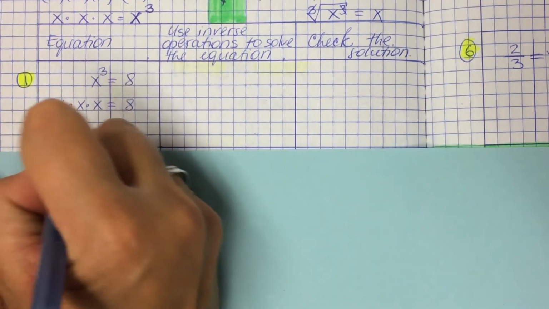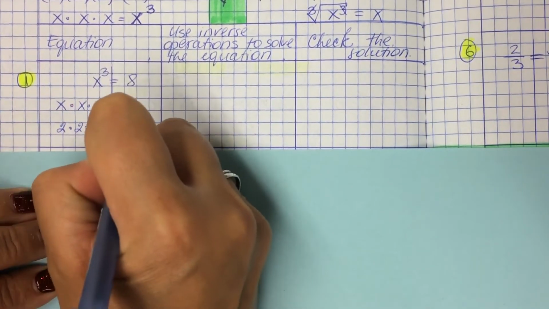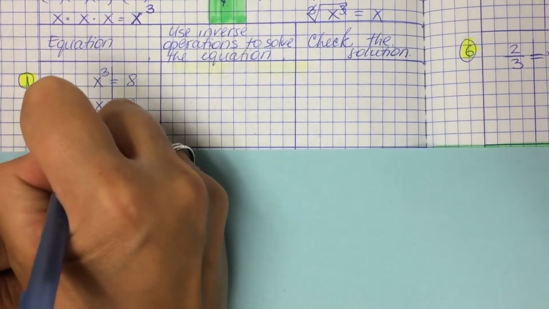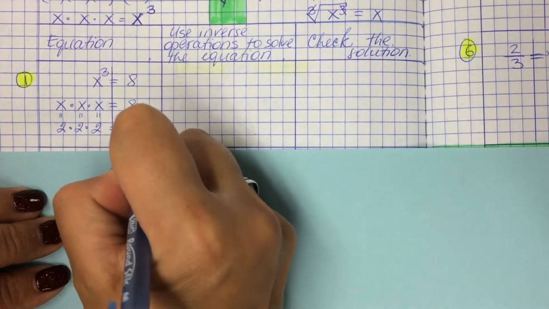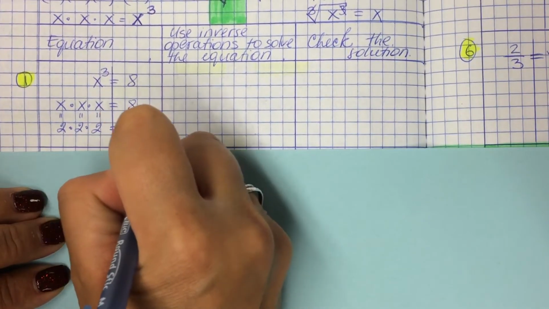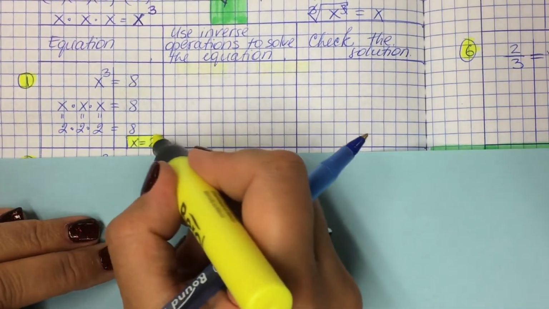So we say 2 times 2 times 2 equals 8. That means that the x value equals 2. So my solution should be x equals 2.